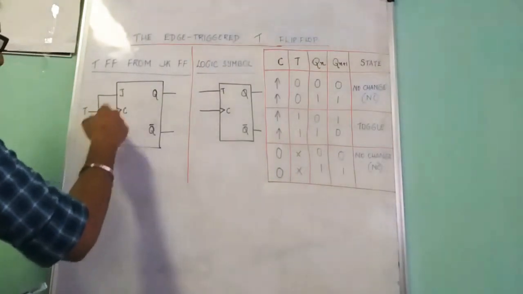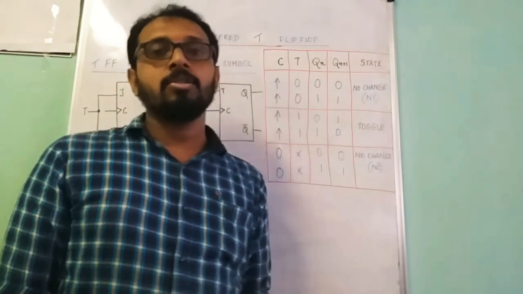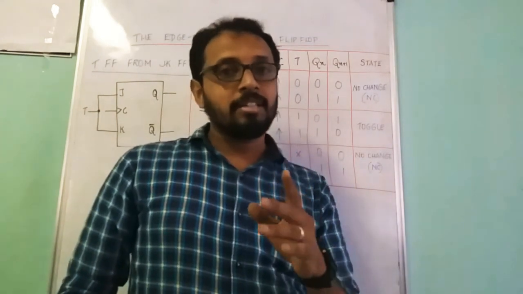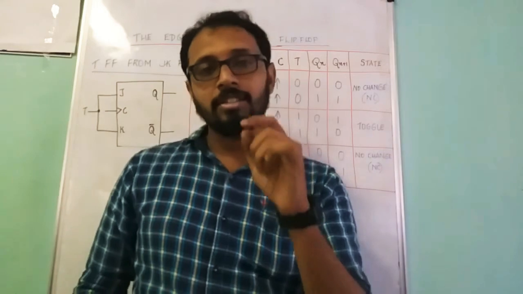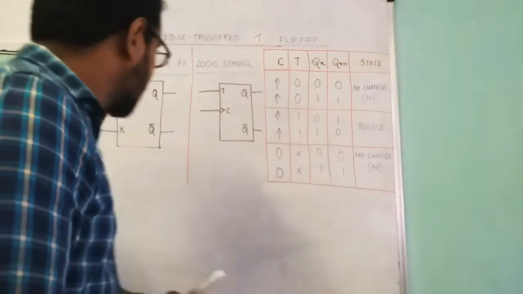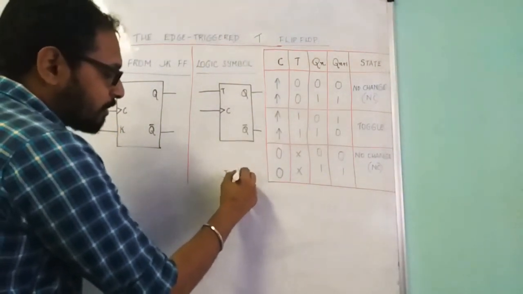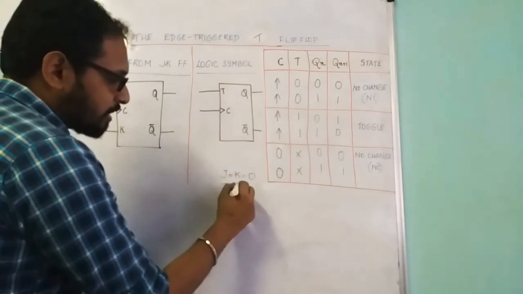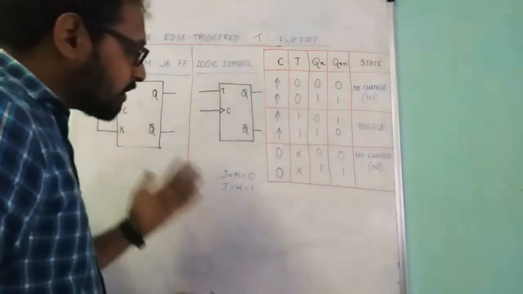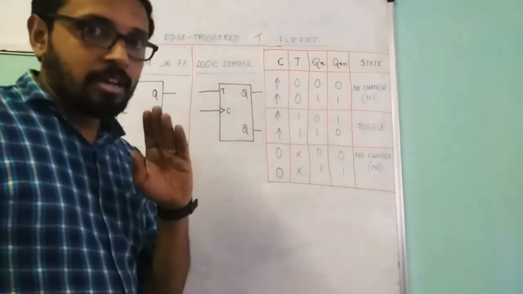But here, T is given to both J and K. Based on that, we have two conditions: one is J equals K equals 0, and the other is J equals K equals 1. For both these cases, we have written just one input, that is T.